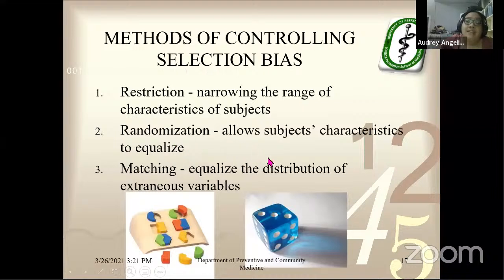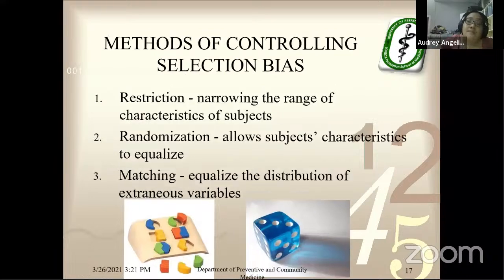So we equalize the distribution of extraneous variables. So for example, we get equal number of males or females, we look at the age, etc., and we match them so that more or less you are able to control biases.